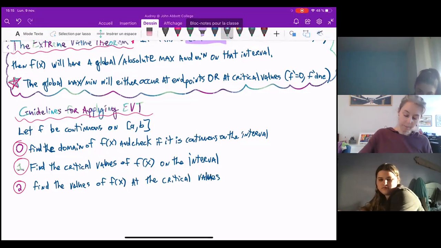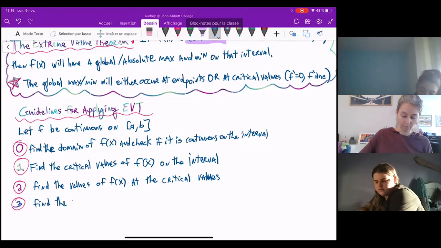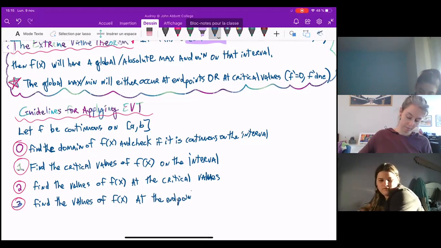And then our step 3 will be to find the values of f at the endpoints. And then our step 4 will be to conclude.